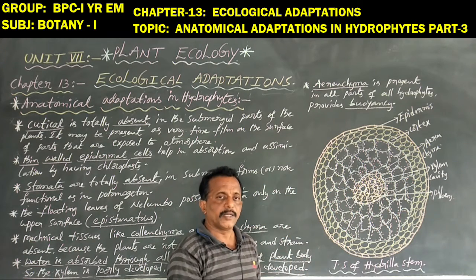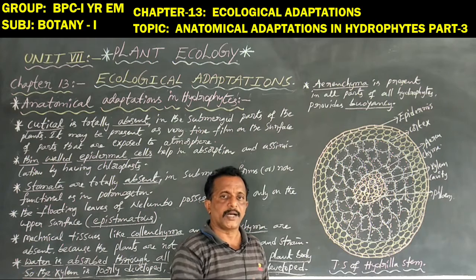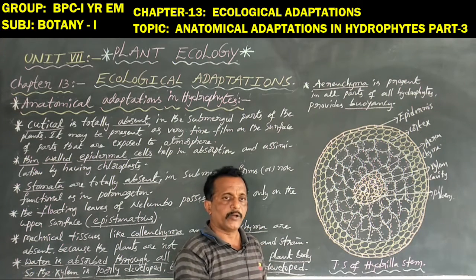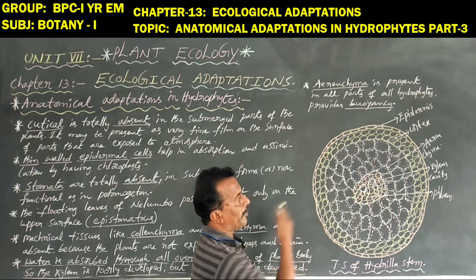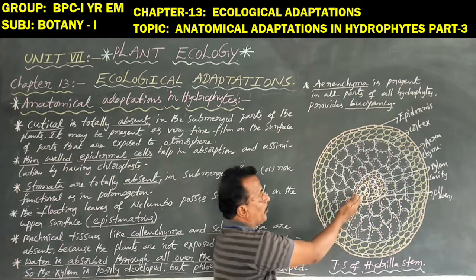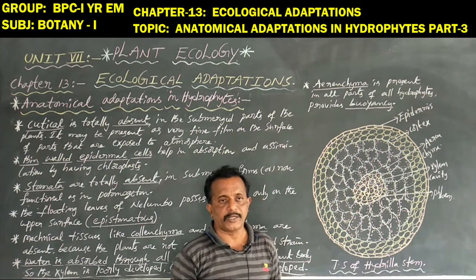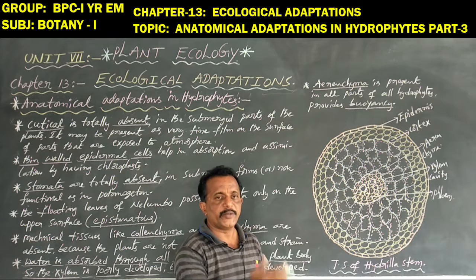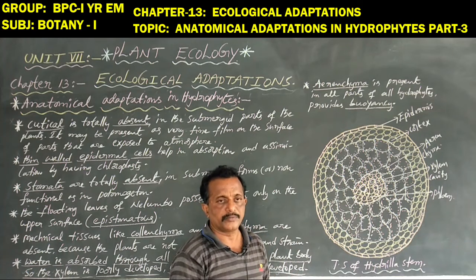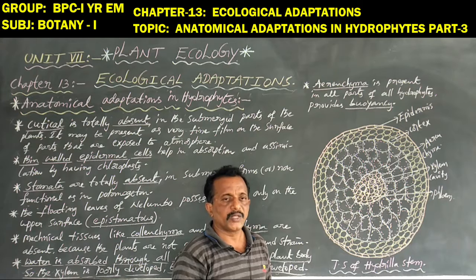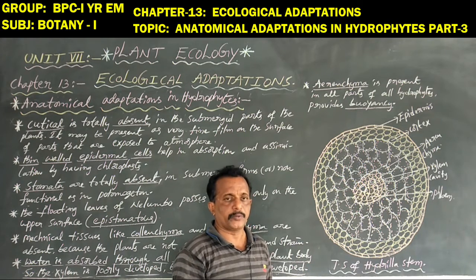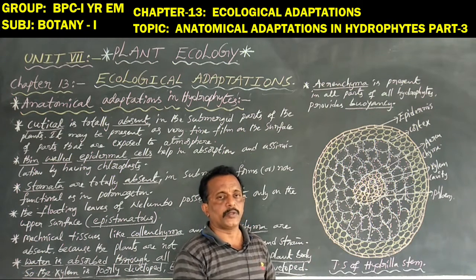But in aquatic plants, the epidermis and cortex are developed, but not a well developed stele or vascular bundle. Xylem is poorly developed, but phloem is better developed. Since xylem is poorly developed, the vascular bundle is not well developed.